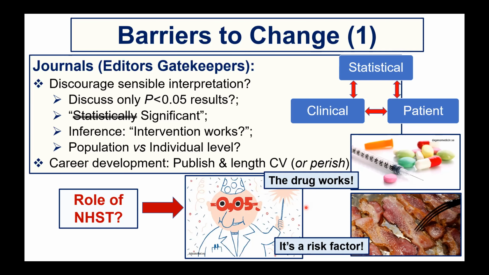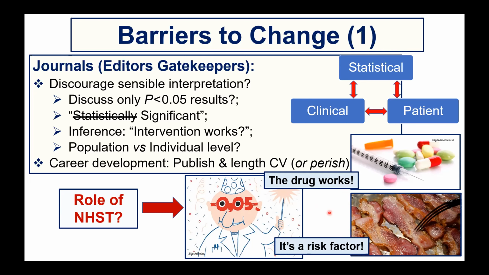And I think this has massive connotations in how not only the research community, clinicians, and even the public make inferences on published research, because they can access that now online. And I think as soon as you drop the word statistically, it has this inference that somehow the intervention works, the drug works, or bacon's a risk factor for colon cancer. Yet, you and I know that the drug doesn't work in everyone.